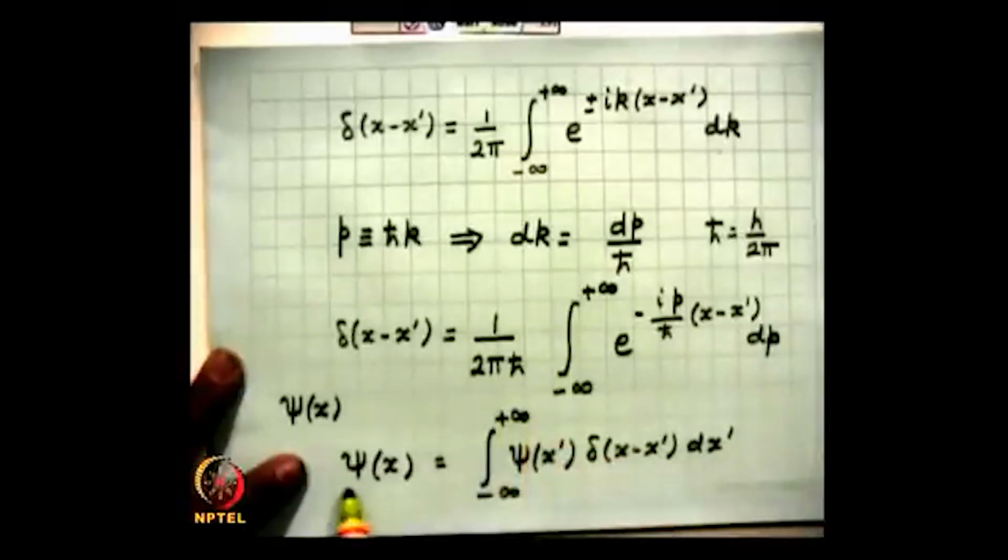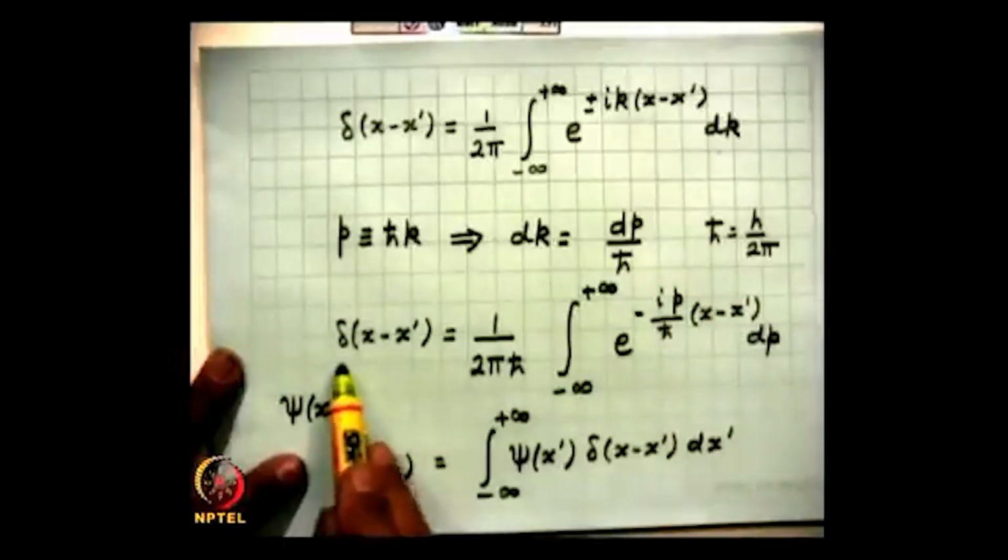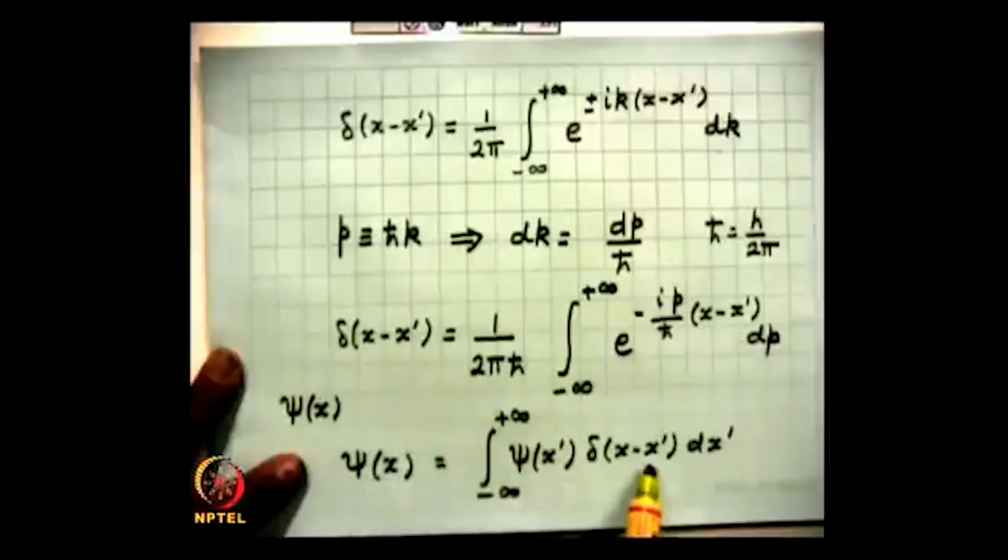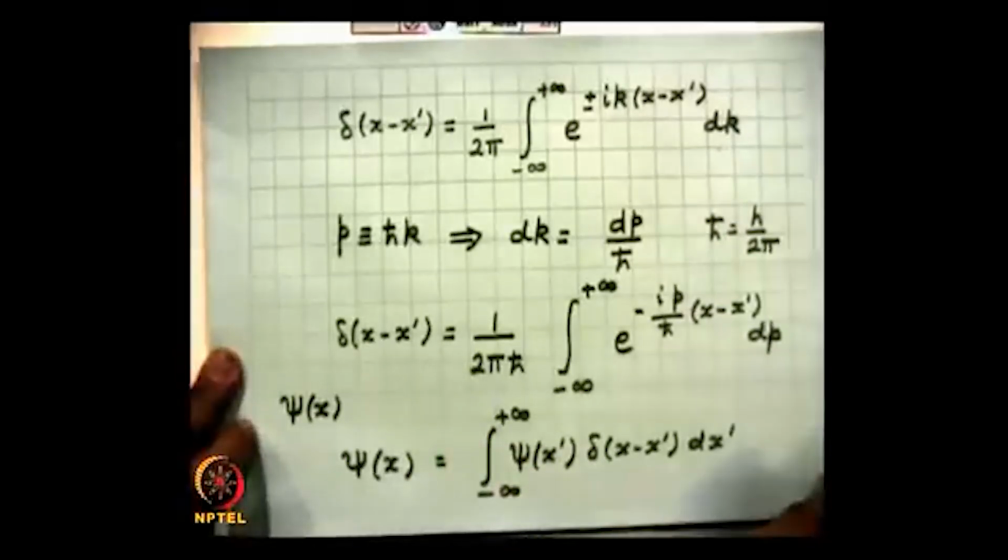This follows for any well behaved function psi of x, from the definition of the Dirac delta function. What I do next is substitute for delta of x minus x prime in this equation.